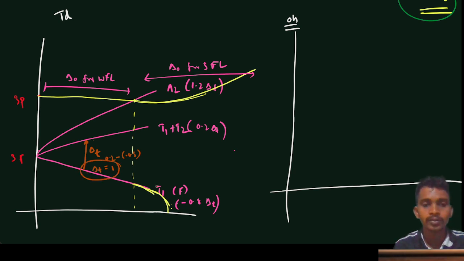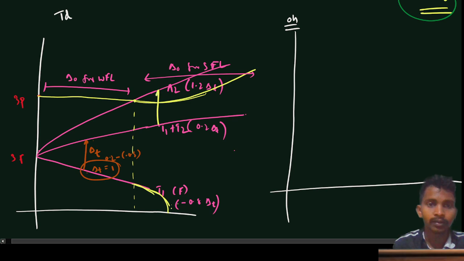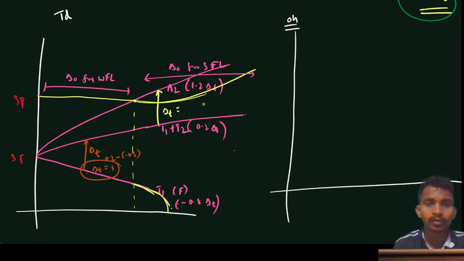Okay, but after the crossover point this gets bent, so we will not use that, and this is the state, and this is also in the state, so we will use these values for calculating delta T. This to this is the delta T, and that value is 1.2 minus 0.2, that is going to be again 1. So this is the delta T for strong field ligands, and this is the delta T for weak field ligands.